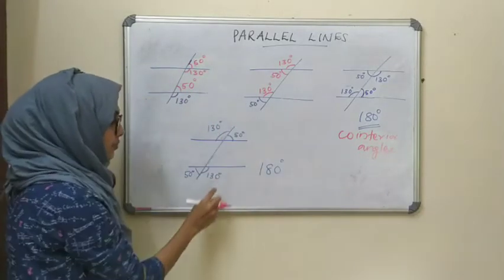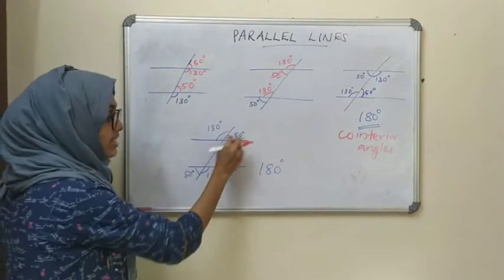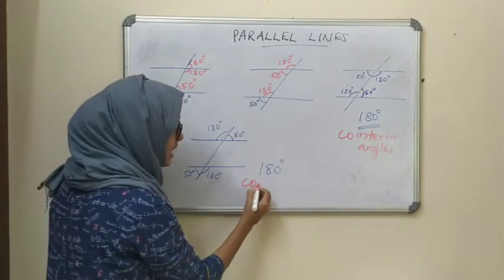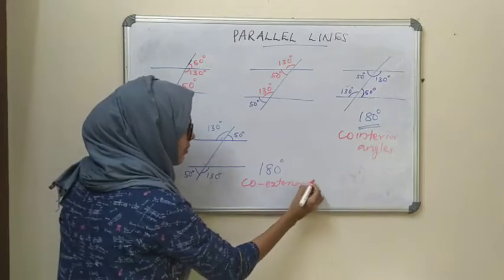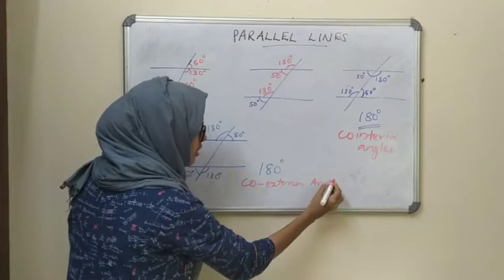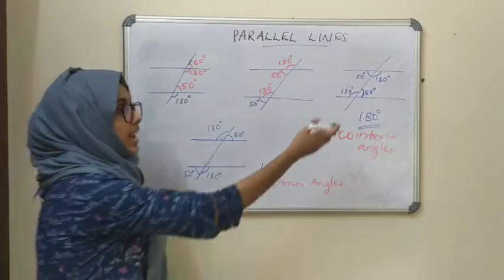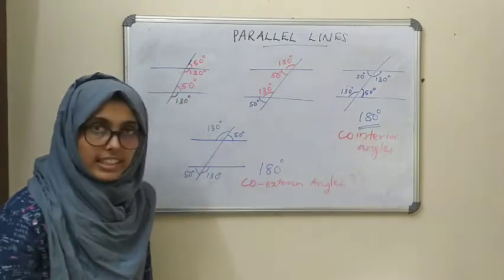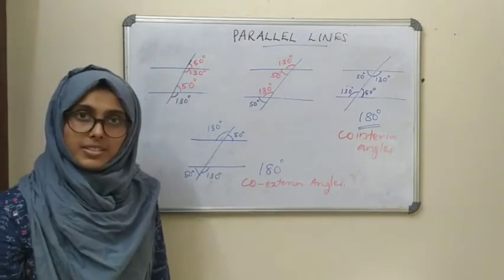In this case, the angles are outside, isn't it? And the sum is 180 degrees. These angles are called co-exterior angles, isn't it? So the angles inside are called co-interior and the angles outside are called co-exterior angles.